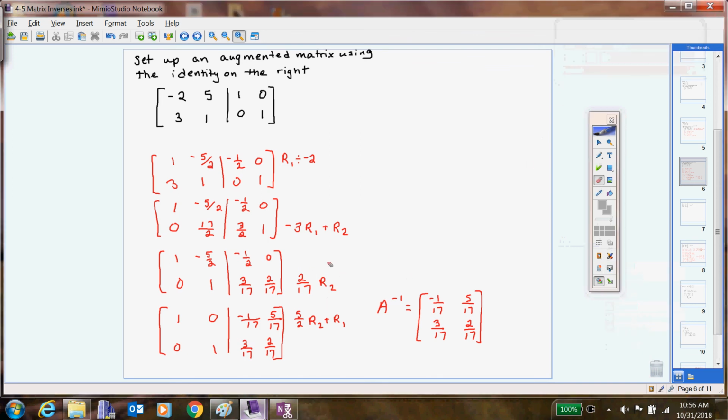Okay, so once again, this is all fine. We took our 5/2 times row 2 plus row 1 and replaced it, put it in here.